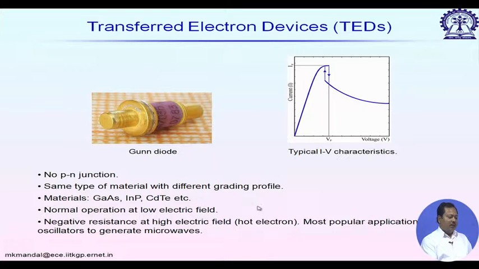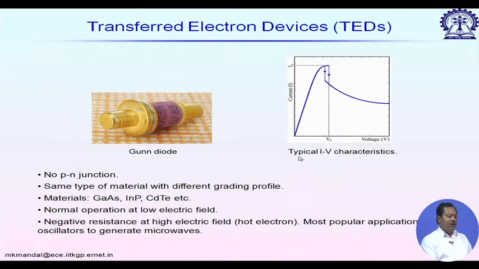Why? I am going to discuss later. Normal operation is at low electric field, and it provides negative resistance at high electric field. We call it the hot electron effect. The most popular application is in oscillators to generate microwave and millimeter wave signals.